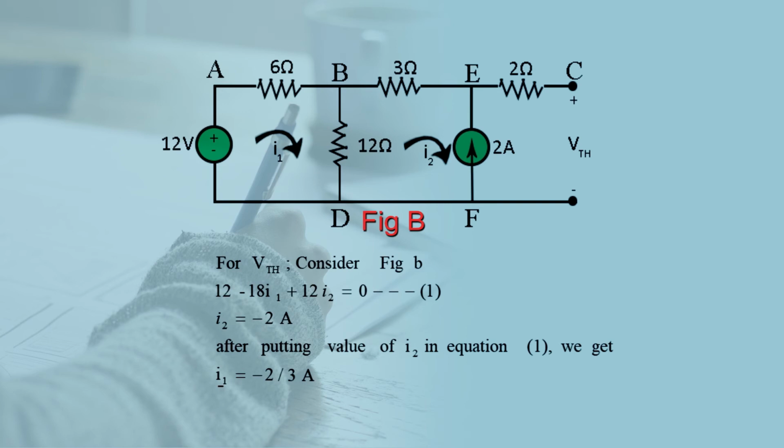There will be a voltage drop in the 6 ohm resistance and 12 ohm resistance due to the current I1. So this 12 ohm and 6 ohm can be added to 18 ohm. So there will be an 18 ohm voltage drop in ABDA.